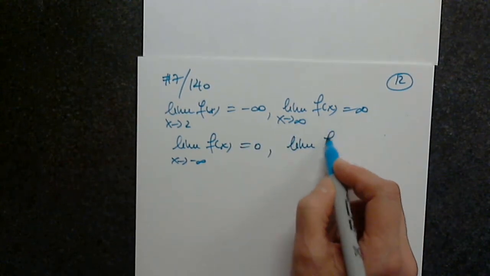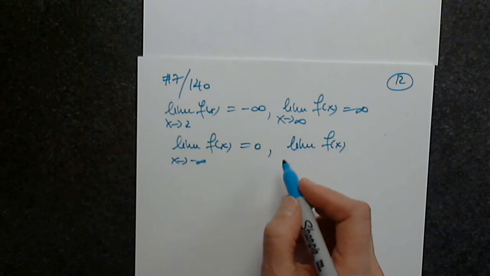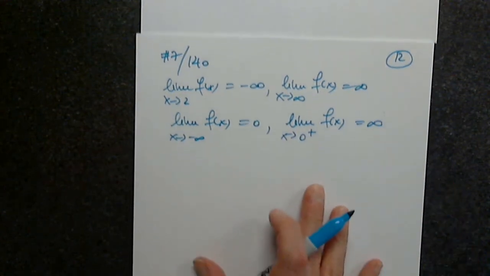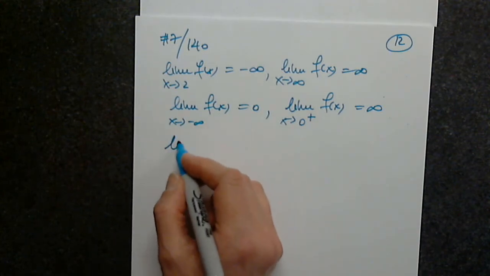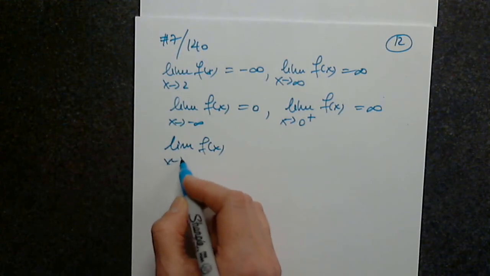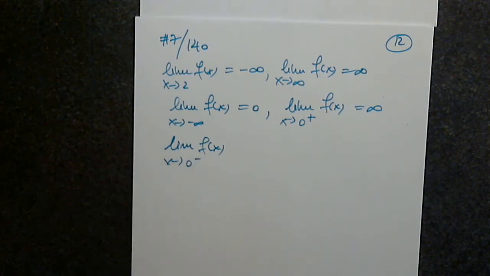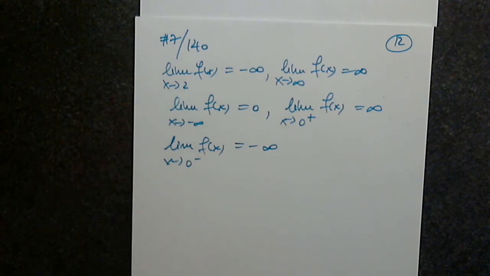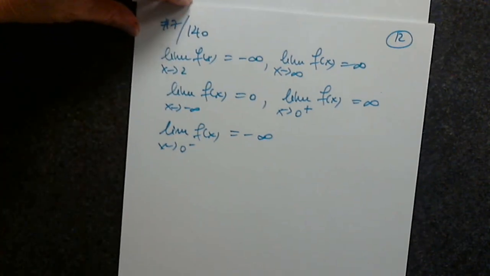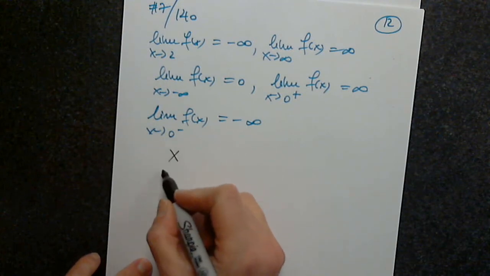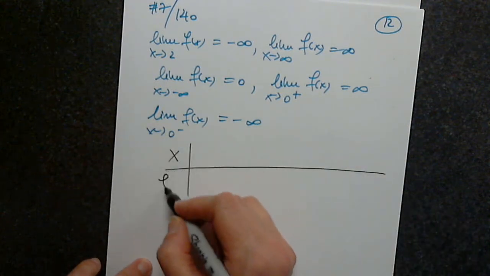Limit of f of x as x approaches 0 from the right is infinity. Limit, I think this is the last one. Limit of f of x as x approaches 0 from the left is negative infinity. Yes, that was the last one. I have no idea what this all means, but we will decipher it together in a minute.